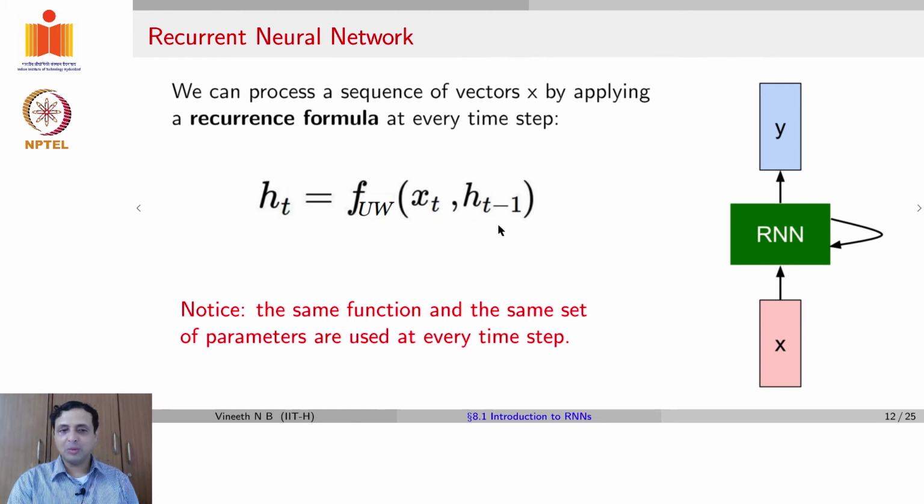So the recurrence formula, just to repeat, is ht equals f_UW, where U and W are those weight matrices, given input xt and ht minus 1. The key observation here is that the same function and the same set of parameters are used at every time step. That doesn't change, and that's where the recurrence actually lies in a recurrent neural network.